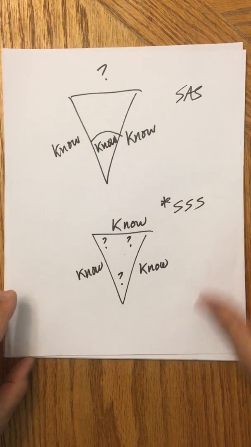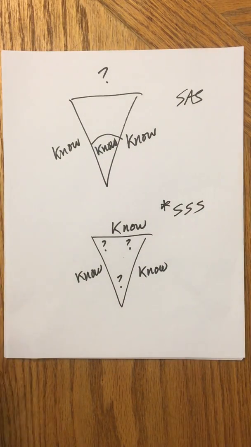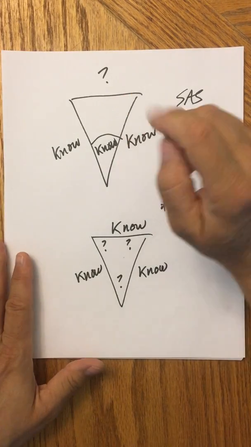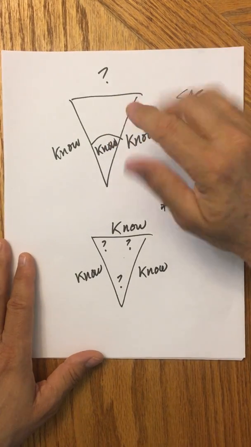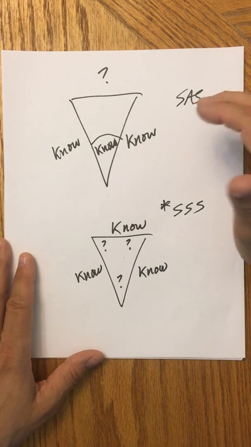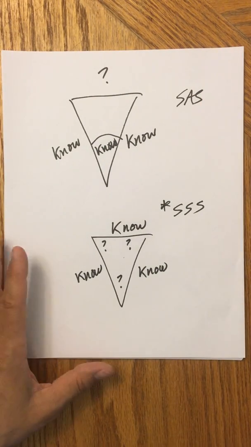So let's take a look at what the law of cosines is particularly good for. Well, it really is good for where the law of sines isn't good. If you recall, with law of sines, you had to know at least one angle and the side opposite that angle. Well, in law of cosines, that's not necessary.